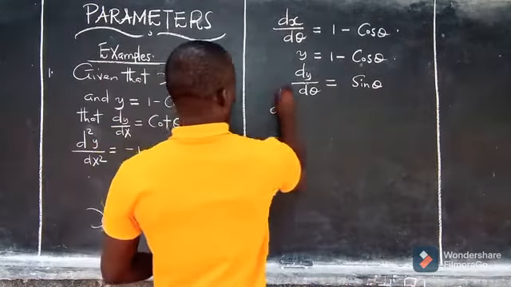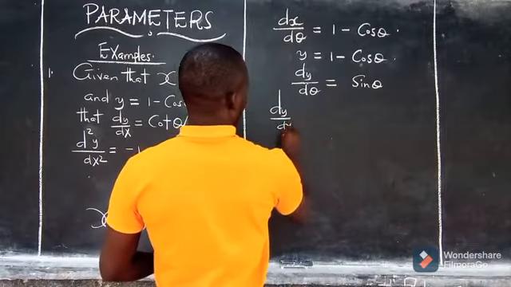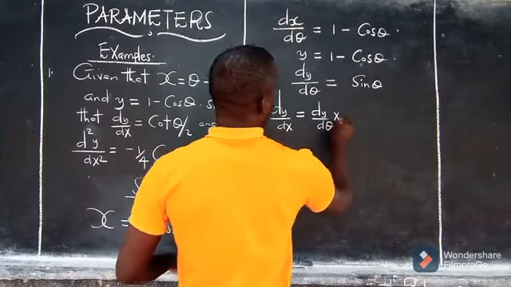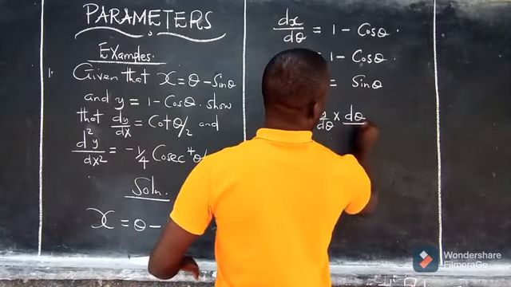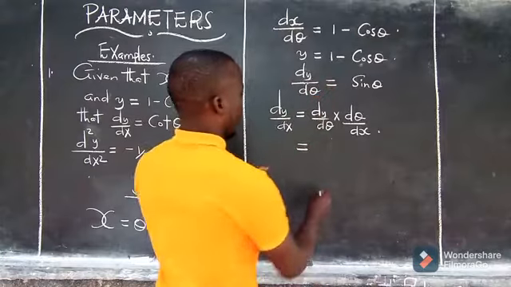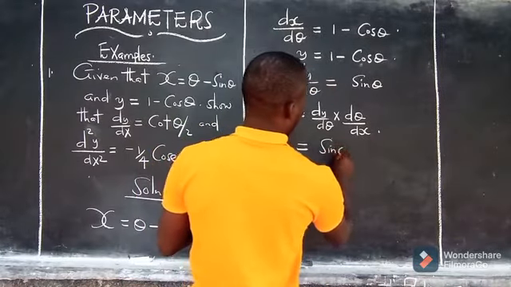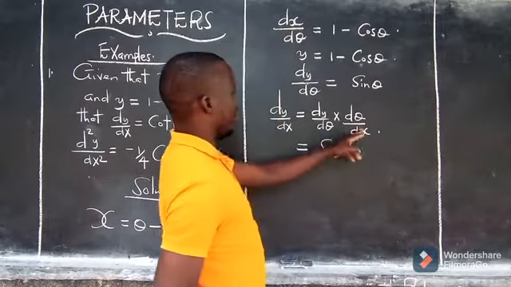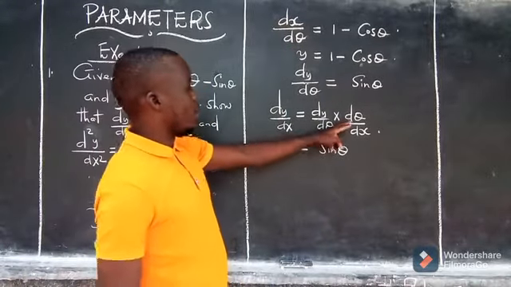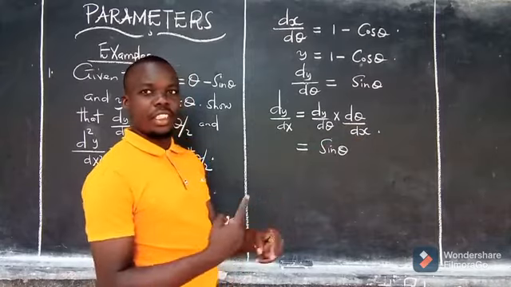Then from the chain rule, we shall say dy/dx is the same as dy/dθ times dθ/dx. We already have dy/dθ as sine theta. Here we have dx/dθ, but we want dθ/dx, meaning we take the reciprocal.